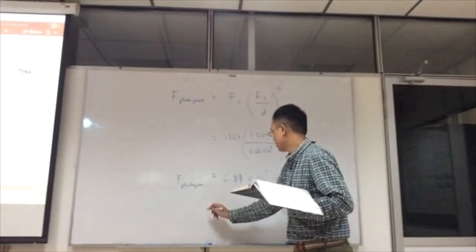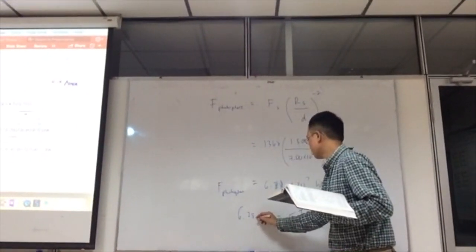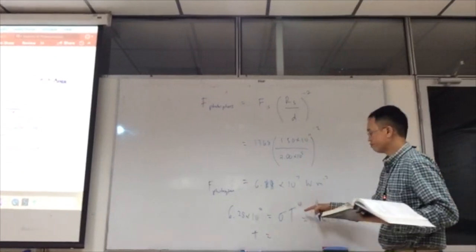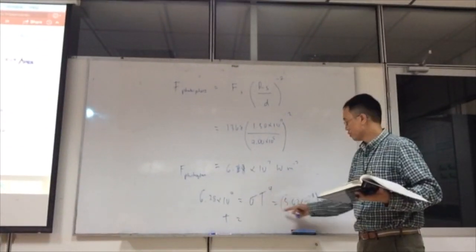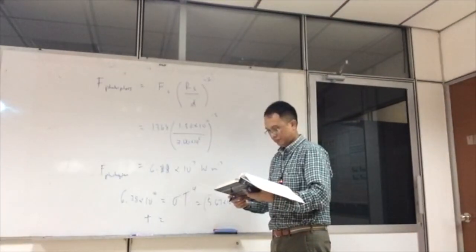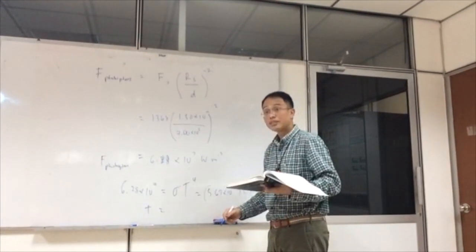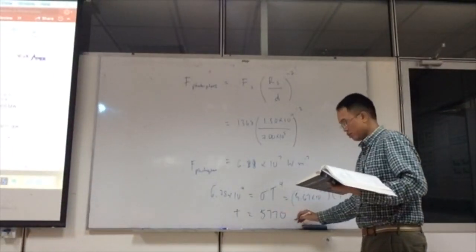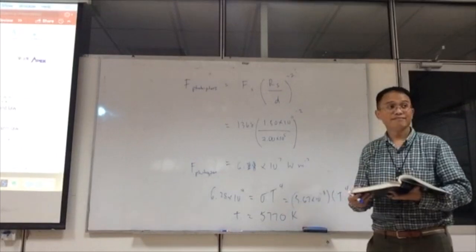And this F here is 6.28 times 10 to the power of 7. And we get T after you take the fourth root, and you get the temperature. So the temperature is about 5770 Kelvin.